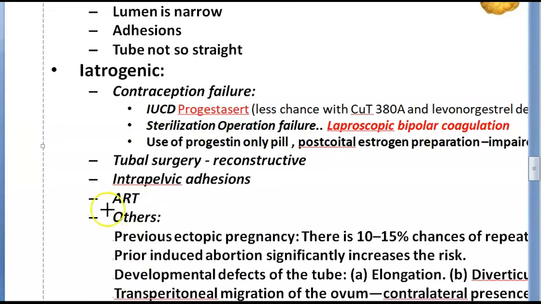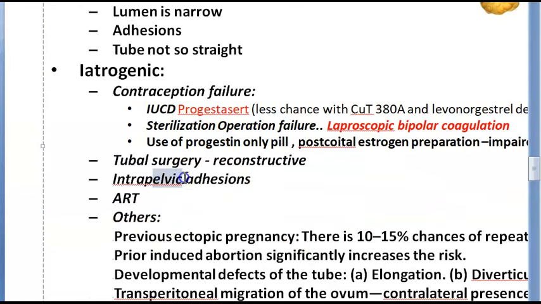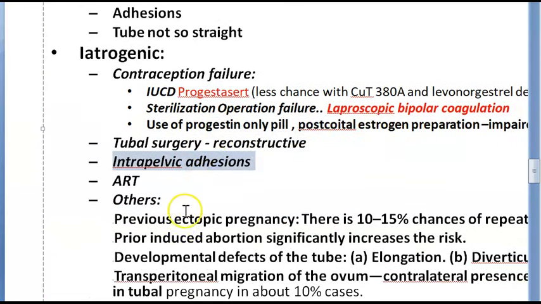Kinking means the same thing we told you, like this, right? Kinking of the tube, angulation of the tube. Okay, then you will write intrapelvic adhesions. So basically the word adhesions you can understand, because of adhesion some pockets etc. can be there. So it's all stuck here and there, adhesion. So the oocyte also will go and nicely find a nice place there.